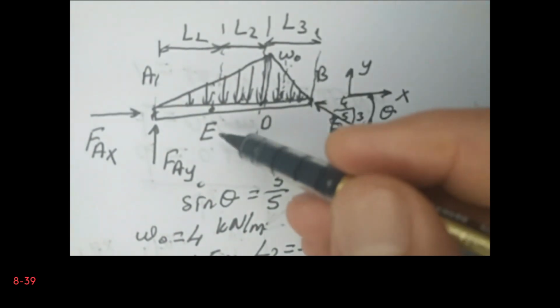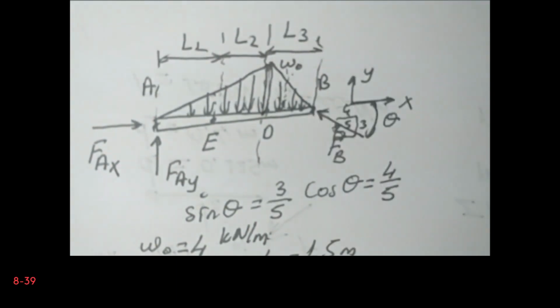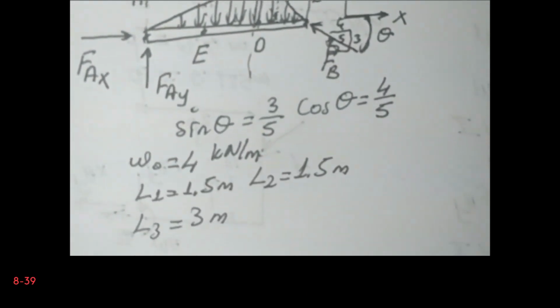I didn't draw it properly, but the area under the triangle is W0 multiplied by the length divided by 2. So the resultant force of the distributed load is W0 L1 plus L2 plus L3 divided by 2. This is the resultant force.